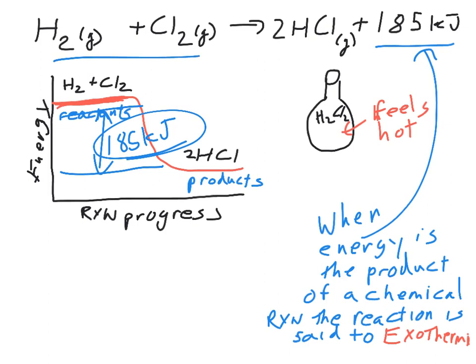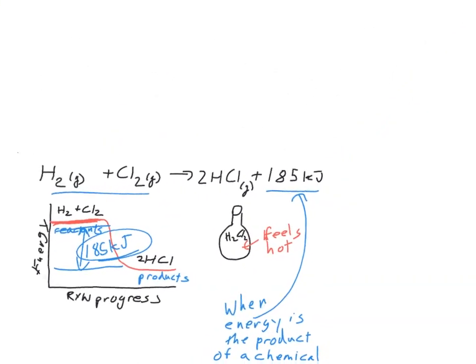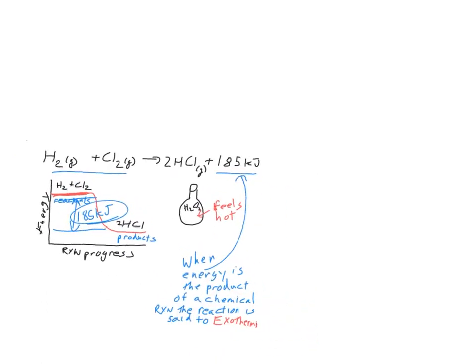Therefore, even though this feels hot to the touch, even though energy is a product, the internal energy of our system has decreased. Our system has lost energy. So whenever energy is a product, it's an exothermic reaction.